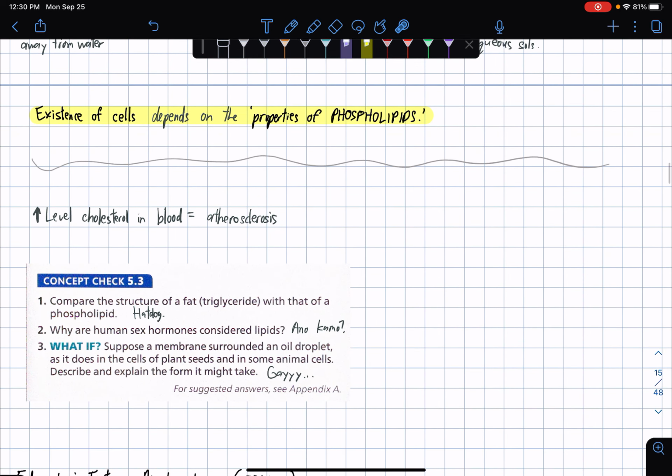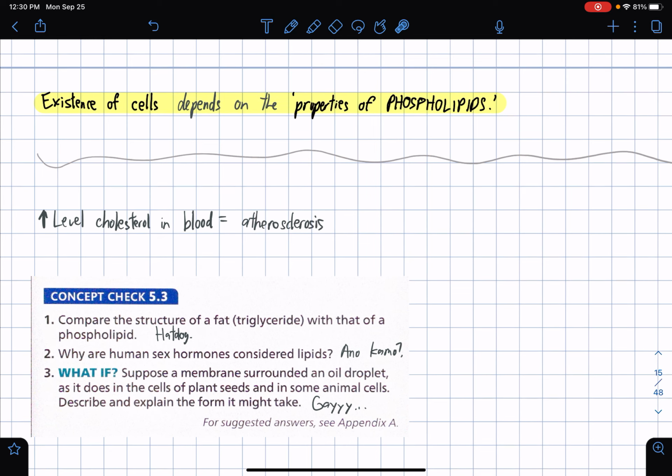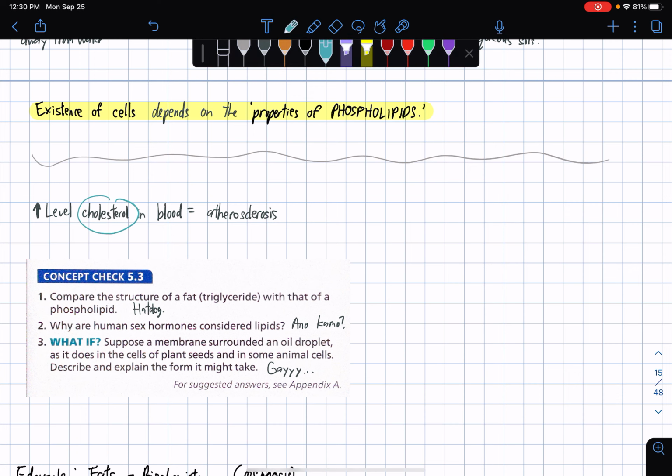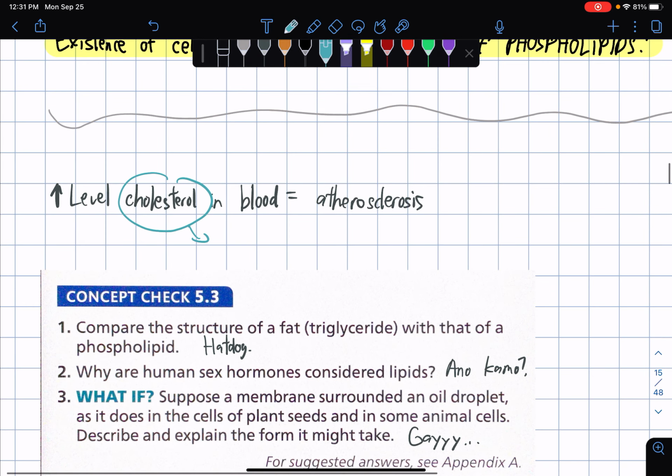So the existence of cells depends on the properties of the phospholipids. And one thing you have to know also is that an increased level of cholesterol in the blood can contribute to atherosclerosis. One particular example of bad cholesterol is called an LDL, or low density lipoprotein.